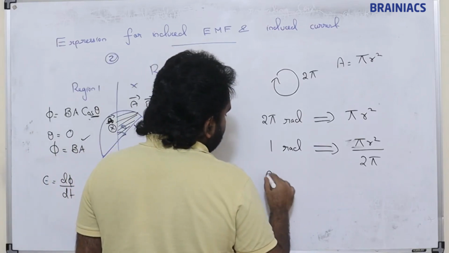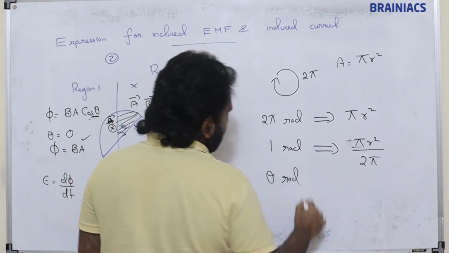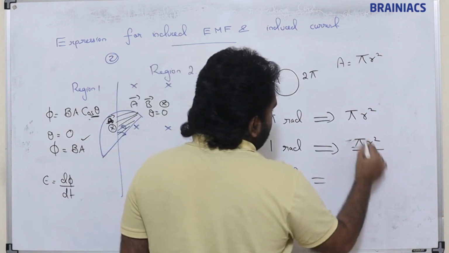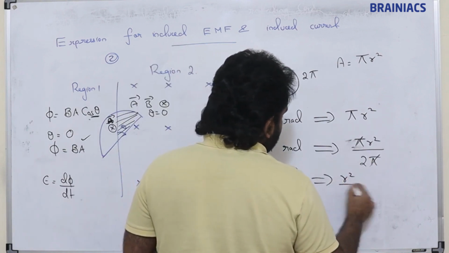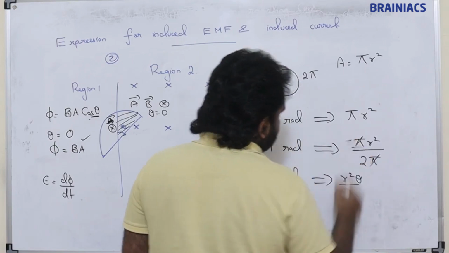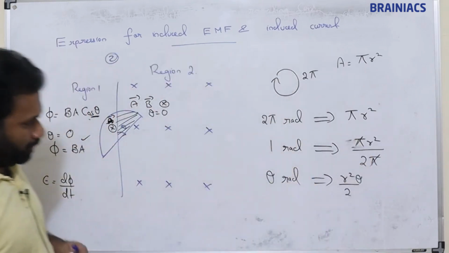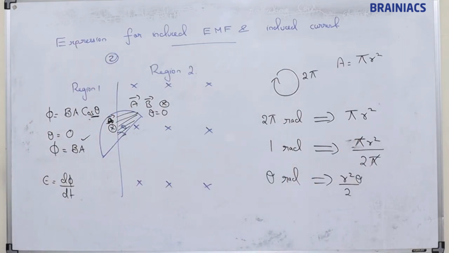So for theta radian, this pi will be cancelled off, and I could say the area is r square theta by 2, half r square theta.